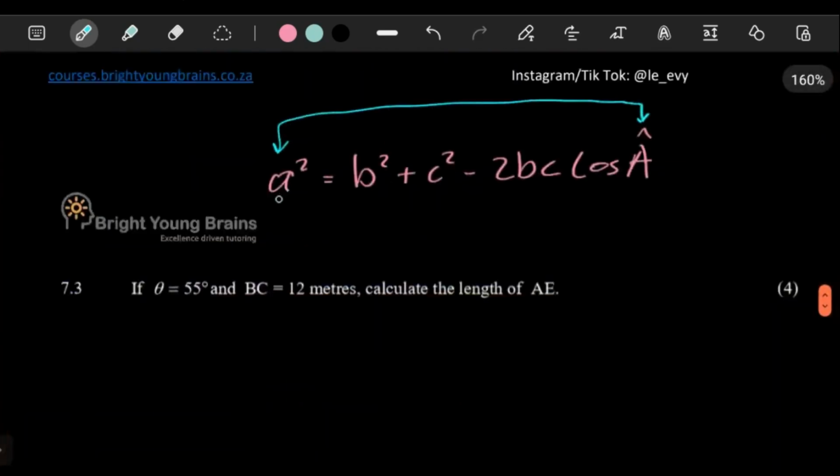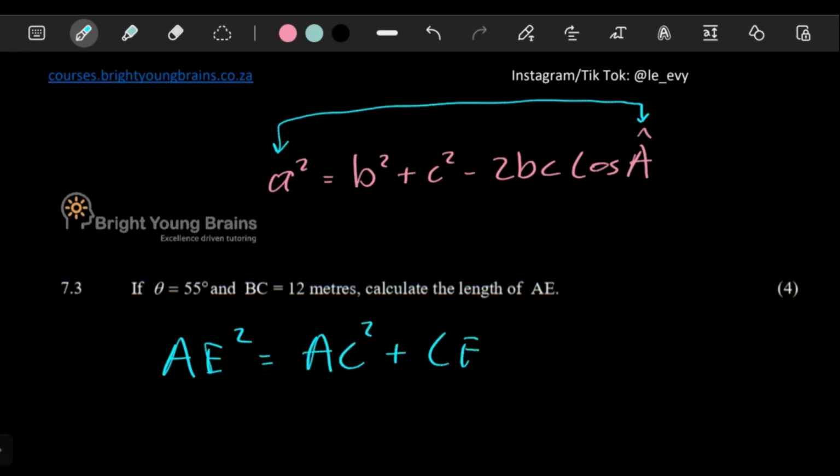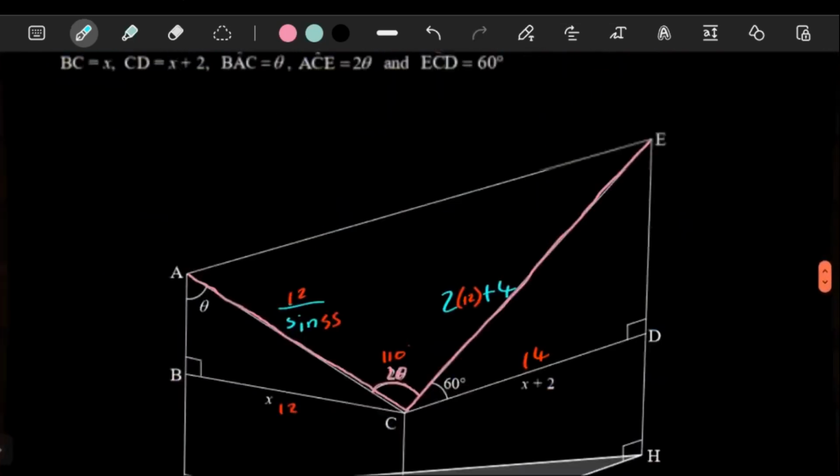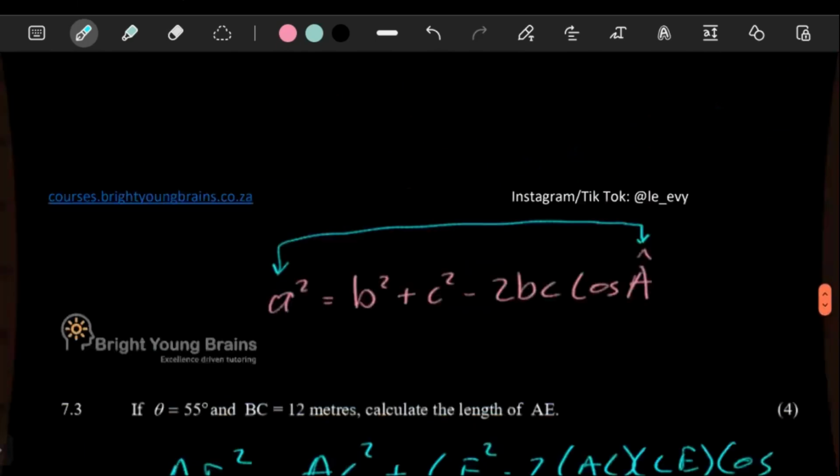So in our case, the opposite side is AE, and then the other sides you have are AC there, and CE. These two will be exactly what you have over here, and then cos the angle. The angle here is ACE, if I remember correctly. Yeah, ACE is our angle.